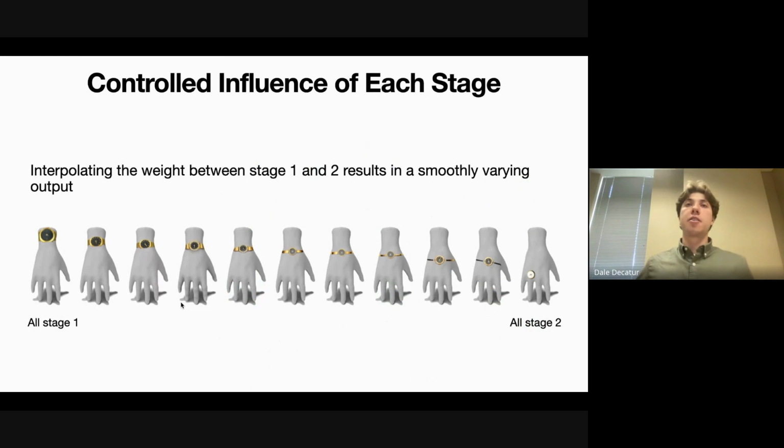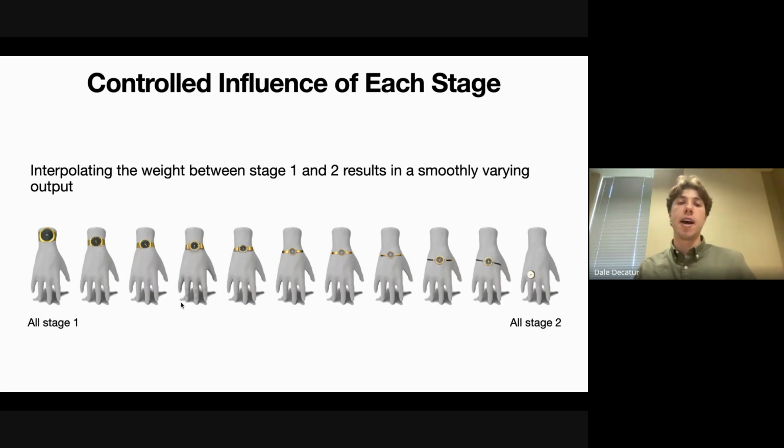Another thing is you can have complete control of the influence of each stage of your CSD. In all of our experiments, we fix the weighting of all these different stages, so you don't have to play with this hyperparameter if you don't want to. But if, as a user, you want to adjust exactly how much you're using stage 1 or stage 2, or whatever stages you're using, you have the ability to do so.